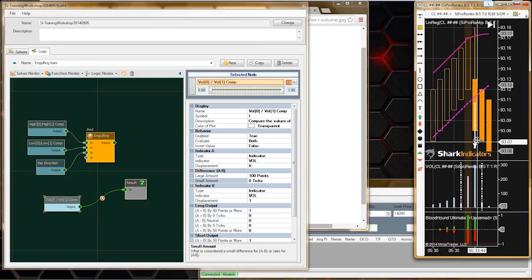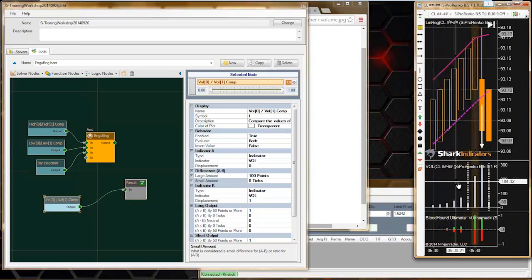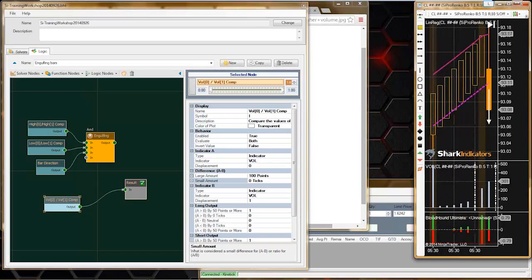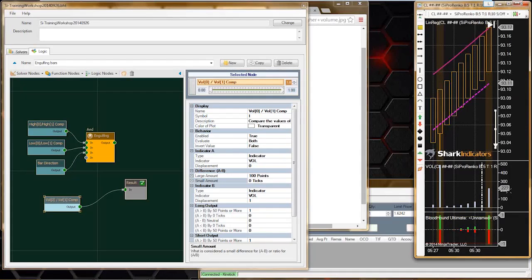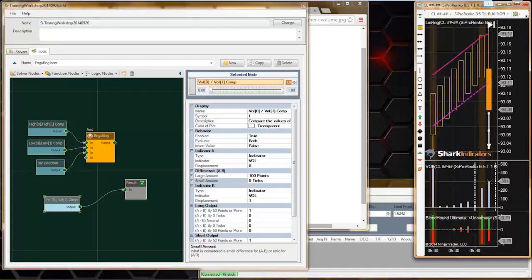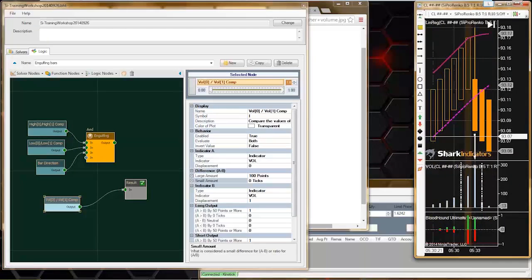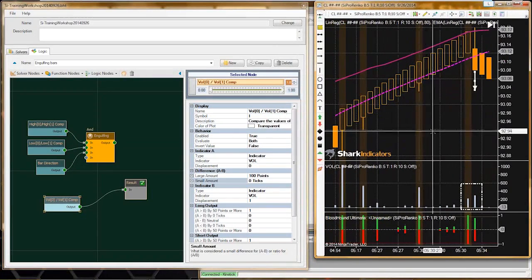This engulfing bar is no longer marked when I did that. And that's because the volume of this bar is essentially 301, and the previous bar back is 222.